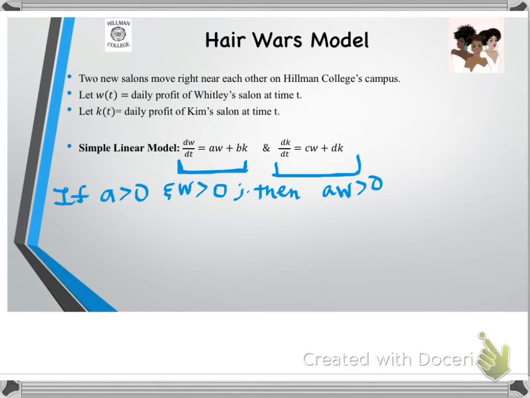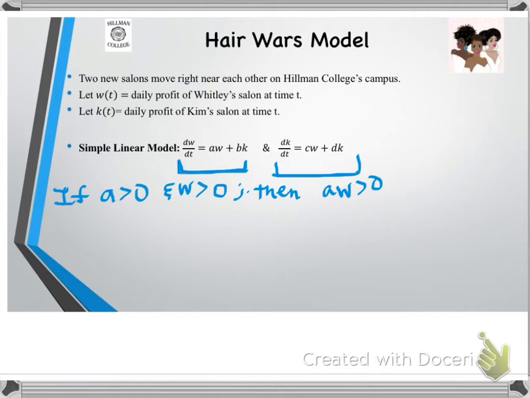Whitley is making money. So W greater than 0 means Whitley is making money. So Whitley wants A to be positive when W is greater than 0, right? When she's making money, she wants that parameter to be positive, because that only adds on to her money.